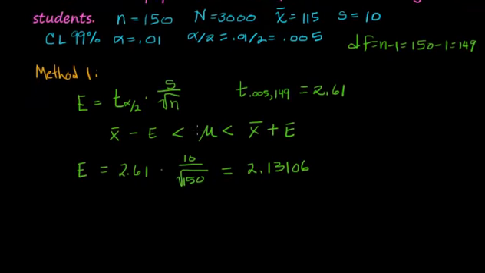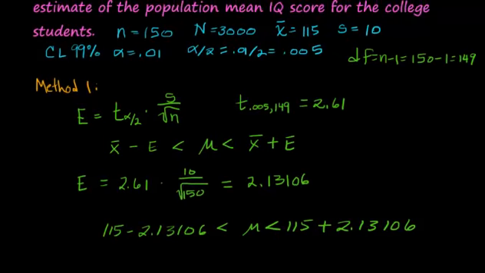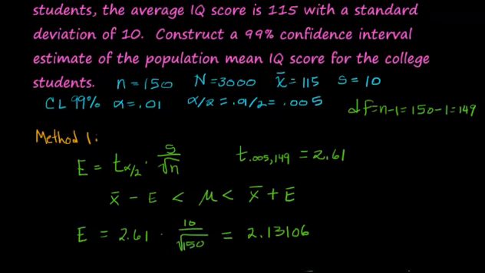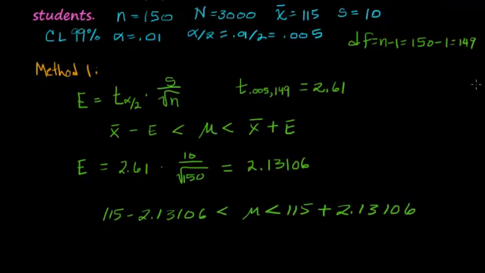Now, using this construction for my confidence interval estimate, I have 115 minus 2.13106 and 115 plus 2.13106. And we remember the rounding rule here. We did not have the raw data. I don't have those 150 IQ scores. All I have are the statistics, so I will round to the same as my sample mean.